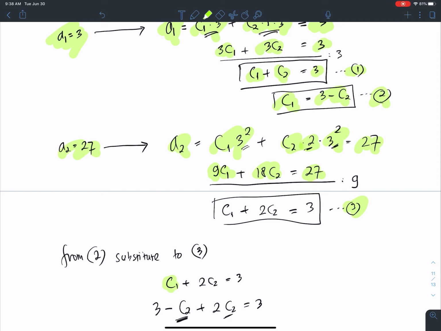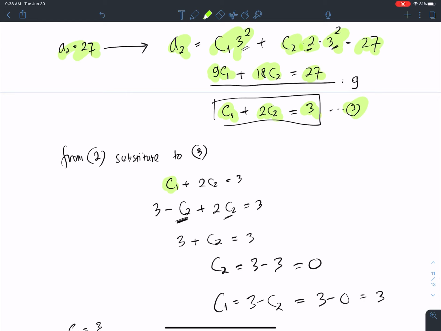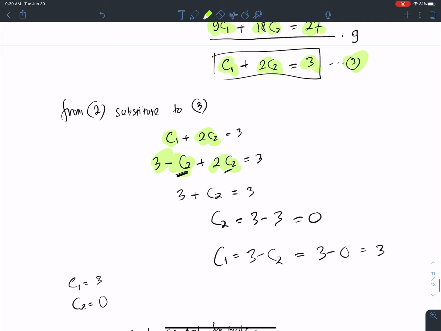So we divide by 9, this one becomes c1, this one 2c2, this one becomes 3. Okay, fine. Next, so we substitute 2 into 3, we get c1 plus 2c2 equals 3, while c1 earlier is 3 minus c2, plus 2c2 equal to 3. Okay, so far so good. 3 minus c2 plus 2c2, we get c2, and then c2 is 3 minus 3, which is 0. It's fine, it's good.